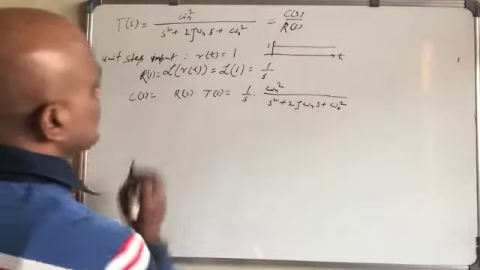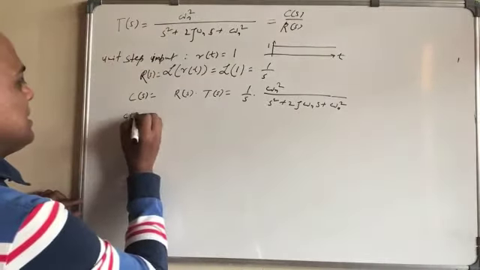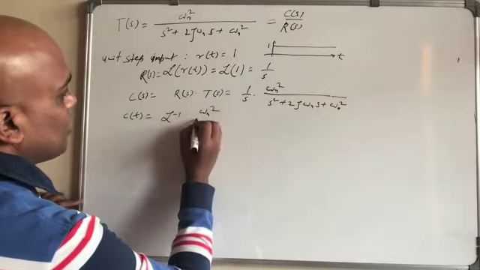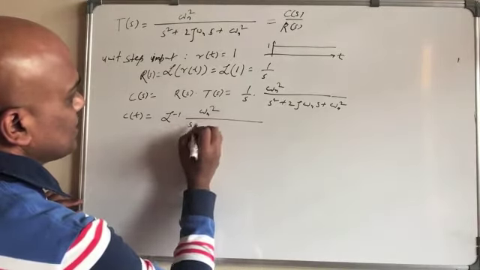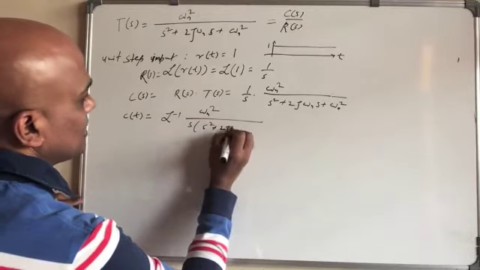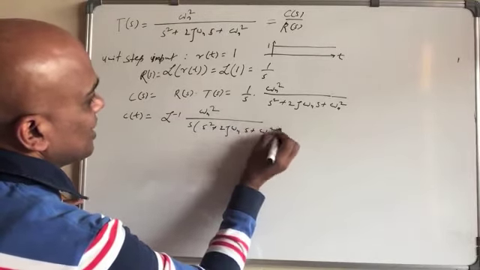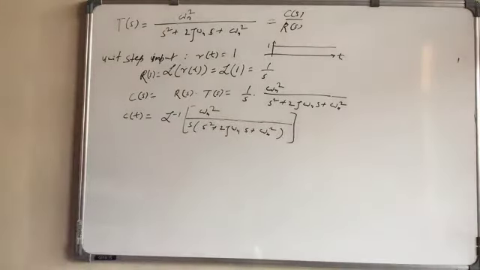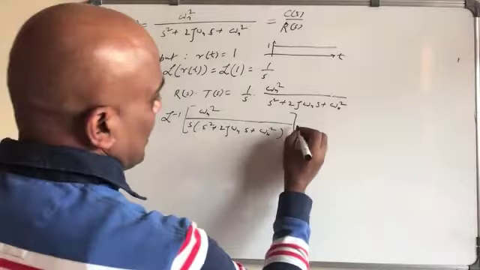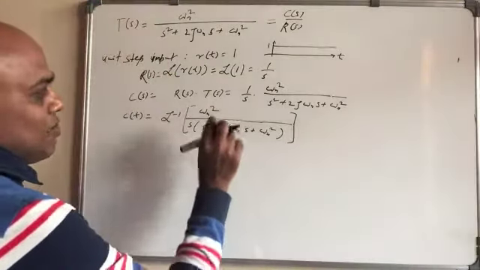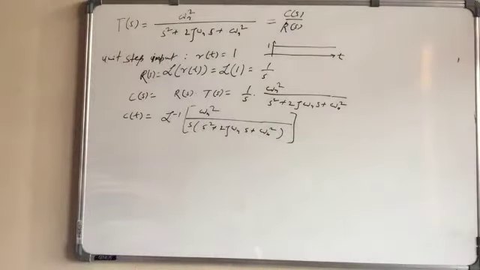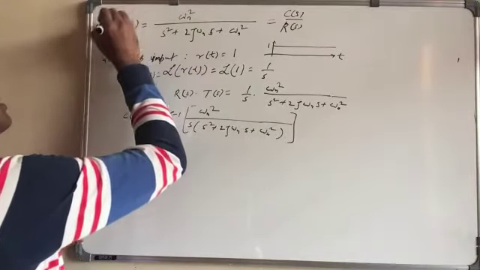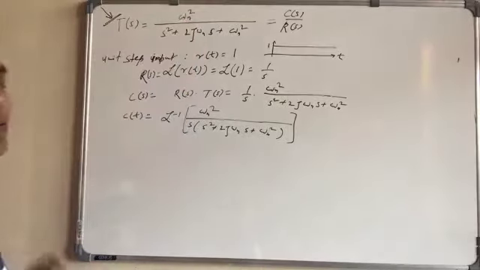So this is C(s), and hence C(t) will be L inverse of omega n square divided by s times s square plus 2 zeta omega n s plus omega n square, right? This is the unit step response for the standard second order system.